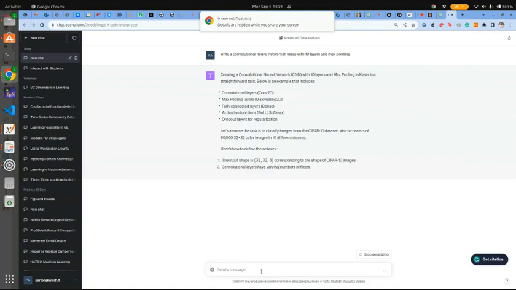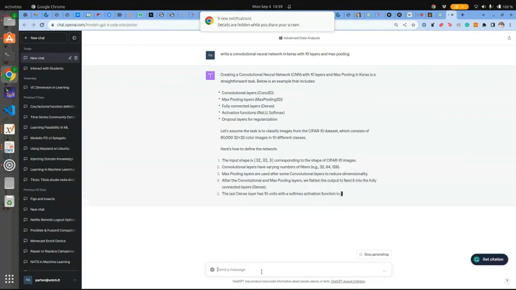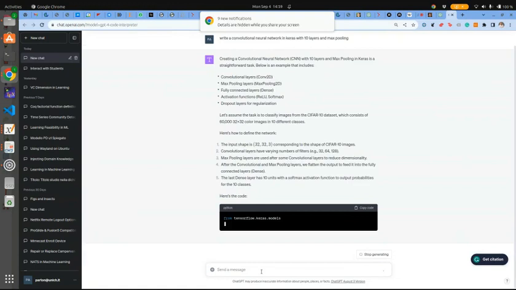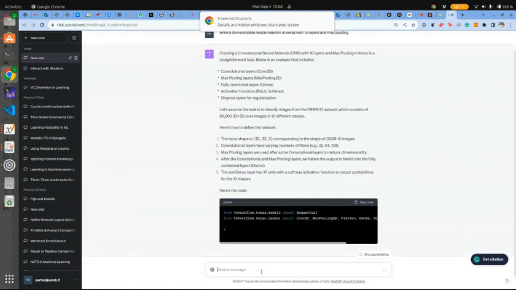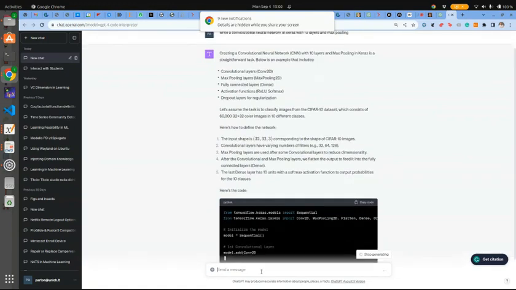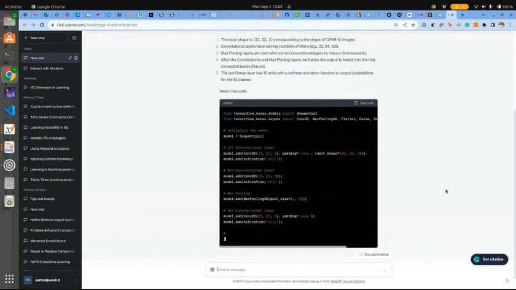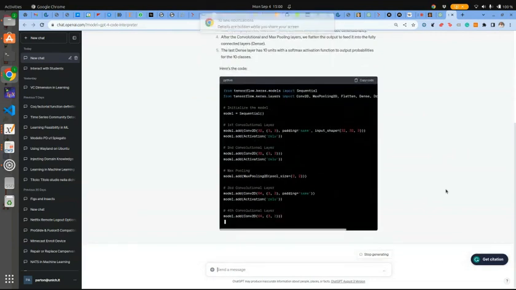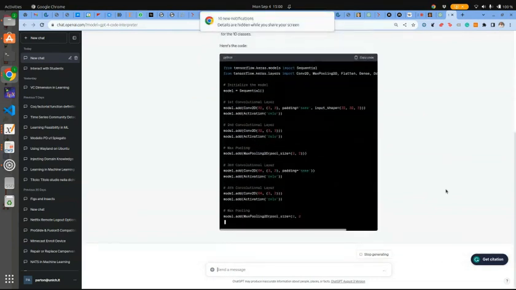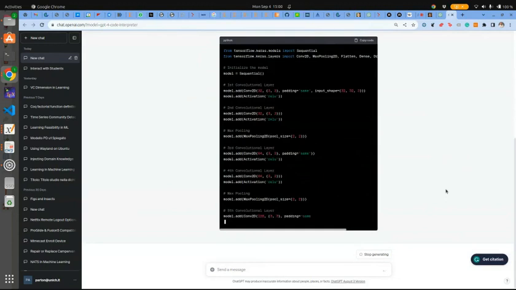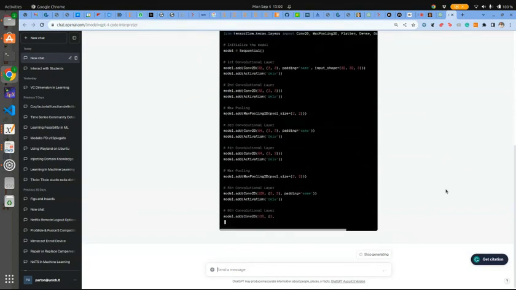I repeat, this is a neural network. What is doing this is a neural network behind. This is a neural network with 5 billion parameters. And you see, first it explains to me what it is going to do, and then now it is writing the code. Impressive, right?